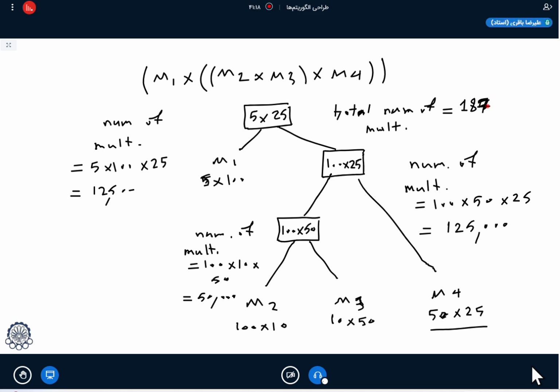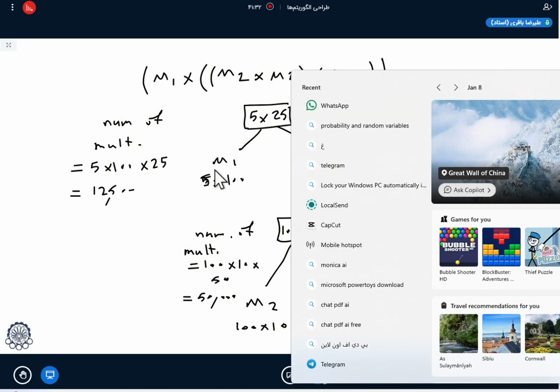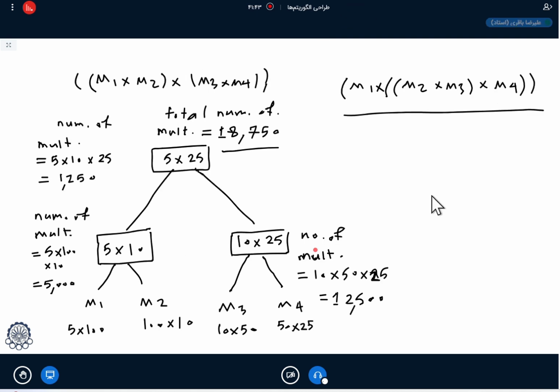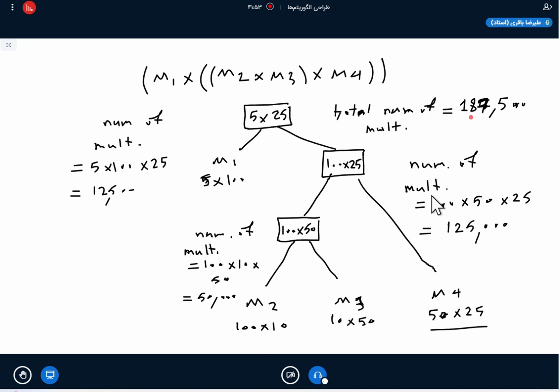Will be this, 187,500. Okay. Compared with 18,750, here it is 10 times bigger than the previous one.